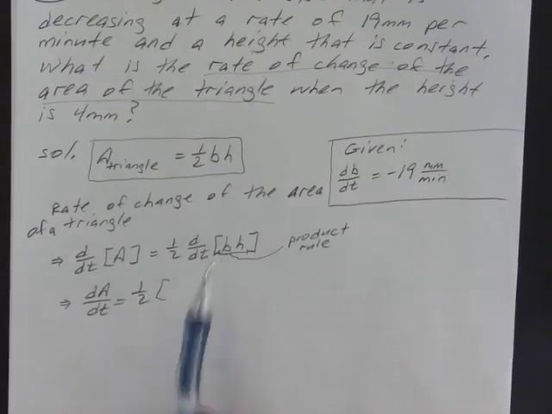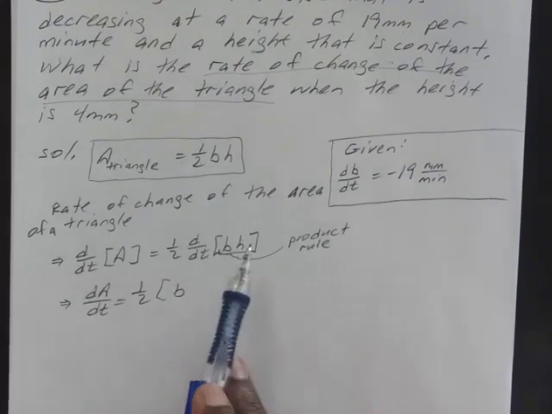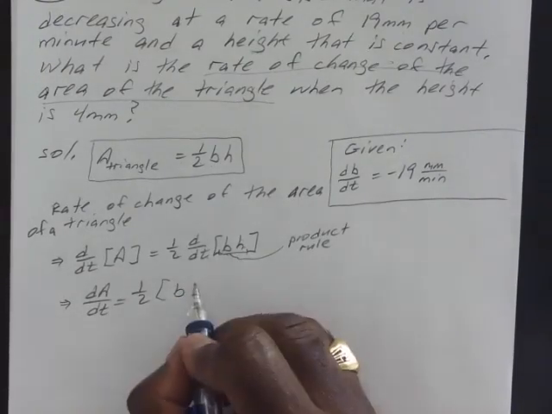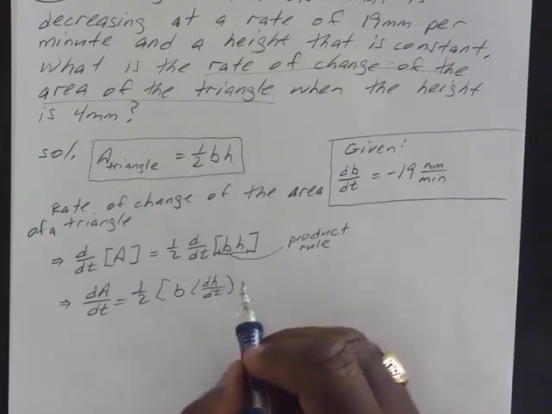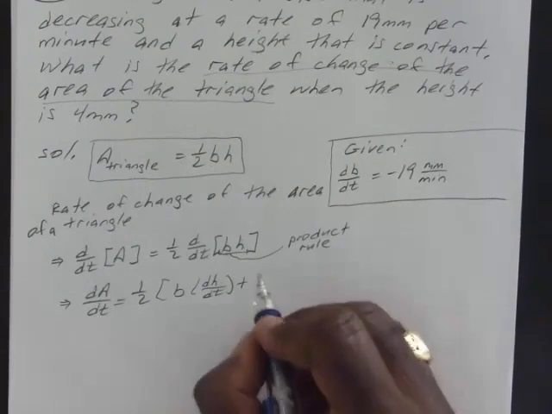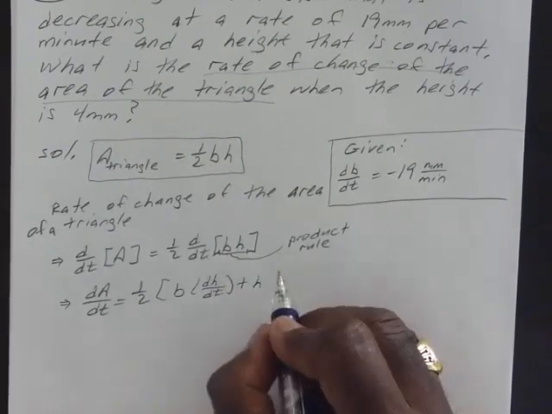So we have the first function, which is b, times the derivative of the second, plus the second function times the derivative of the first.